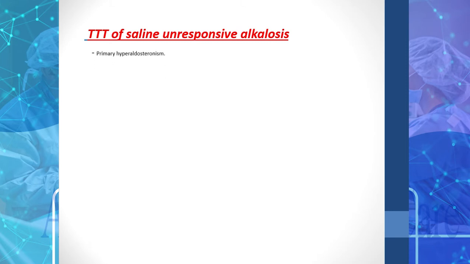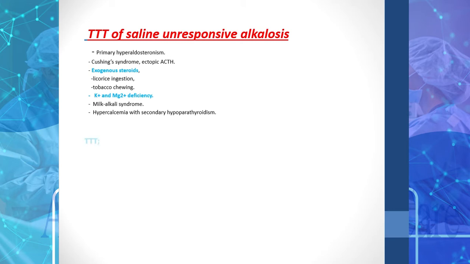Treatment of saline unresponsive alkalosis: the cause is usually primary hyperaldosteronism or exogenous steroids. We will check the cause also. If it is hypokalemia or hypomagnesemia, we will treat it. If it is due to inappropriate preparation of the TPN, we will correct it also.